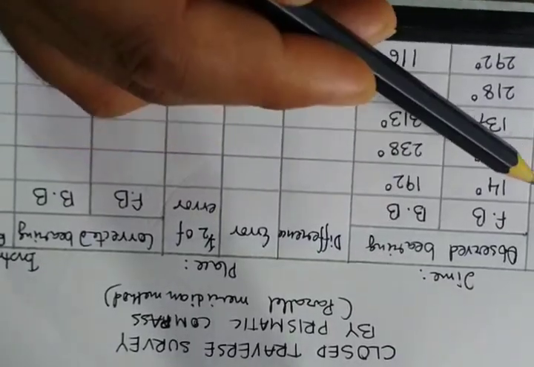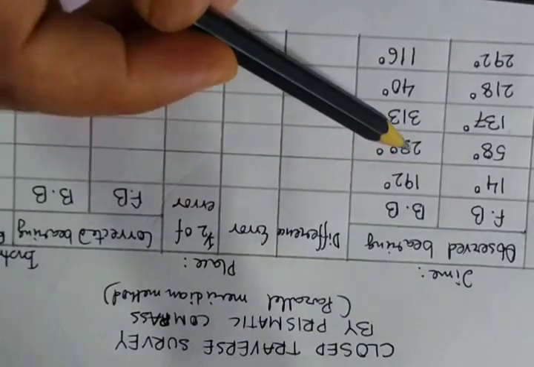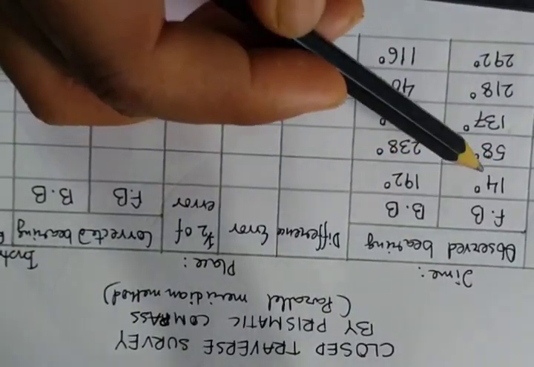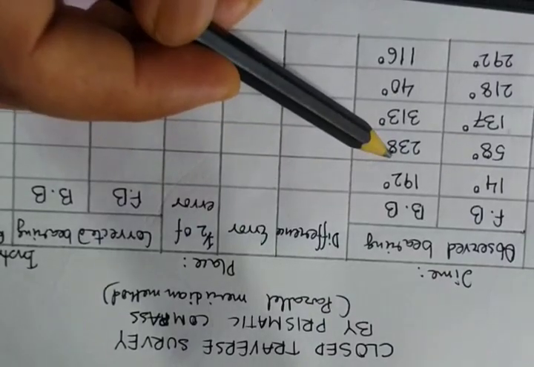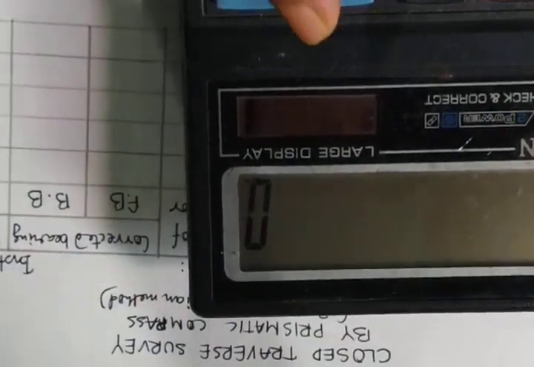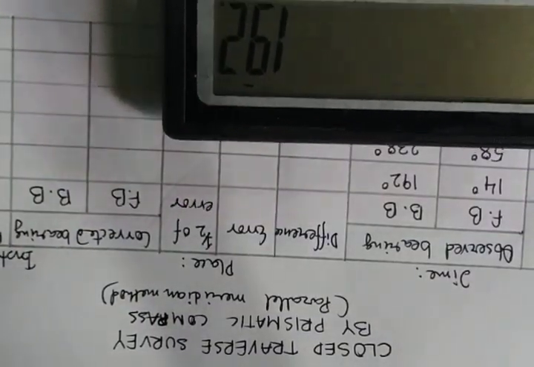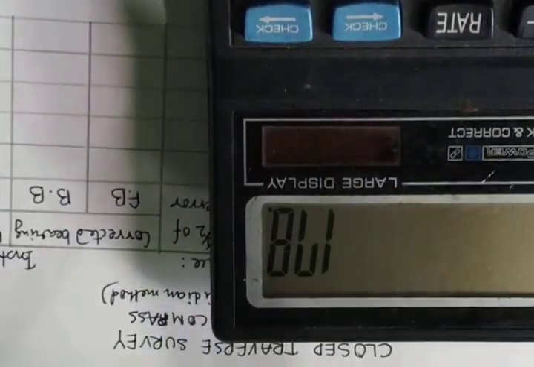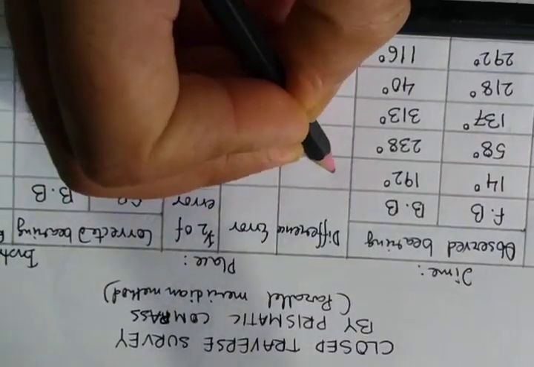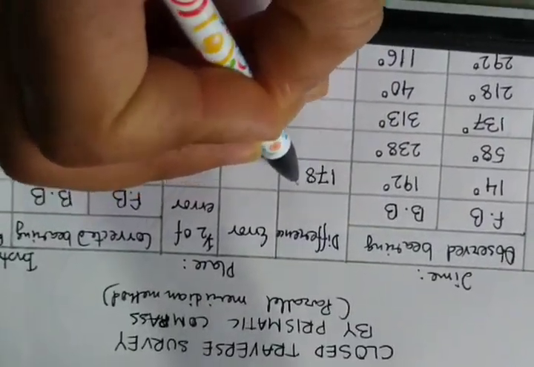So the first station, that is M station, you can see here the N station, the forward bearing of this station is 14 degree and the back bearing is 192. So what will be the difference? Simply press 192 degree minus 14 degree, equals 178. So I am writing here 178 degree.